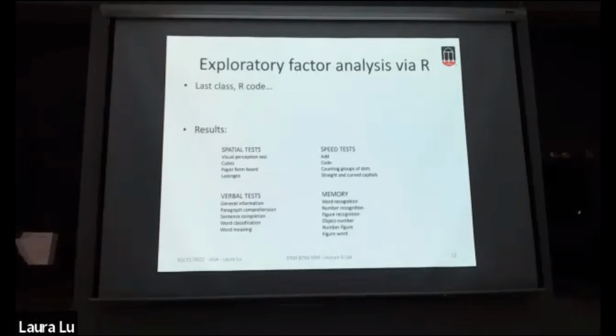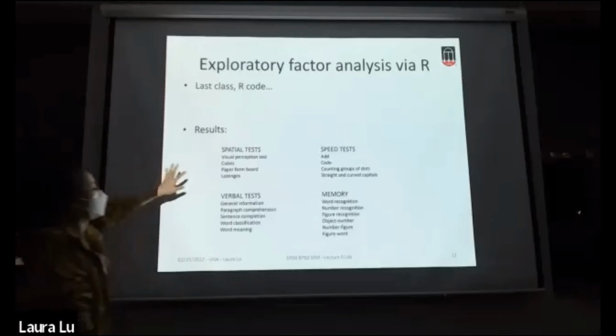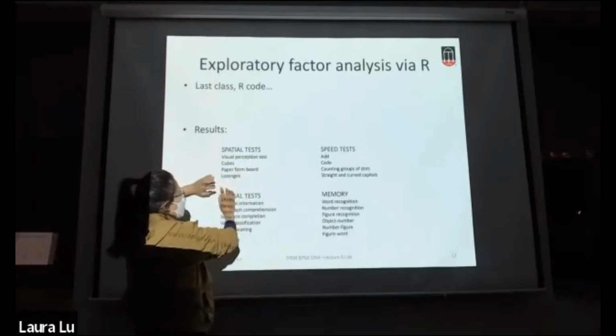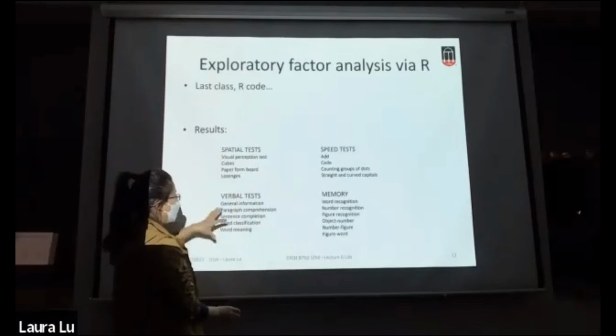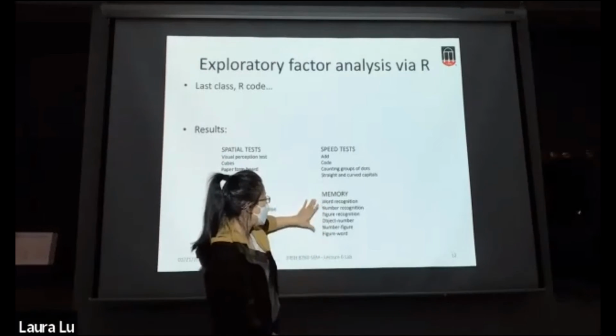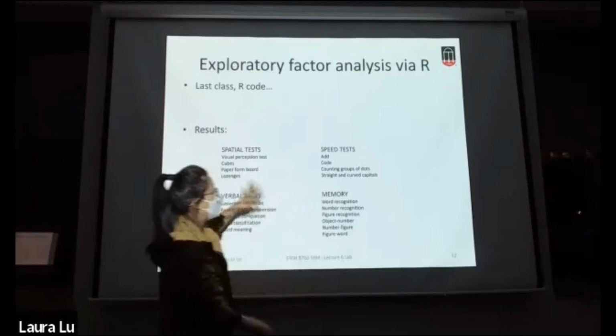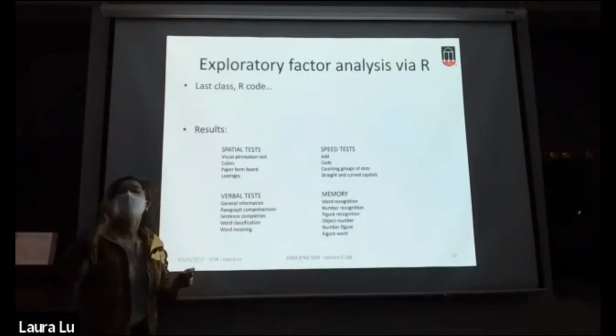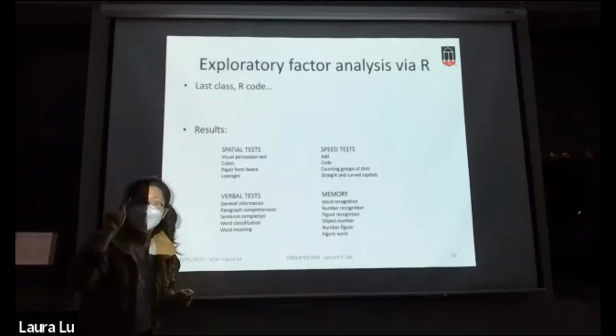By running the R code or Mplus code, by running the EFA, we figure out that K is 4, and we have this pattern: 4 tests for spatial, 5 tests for verbal, 4 tests for speed, and 6 tests for memory. So that's our factor model after we run EFA.